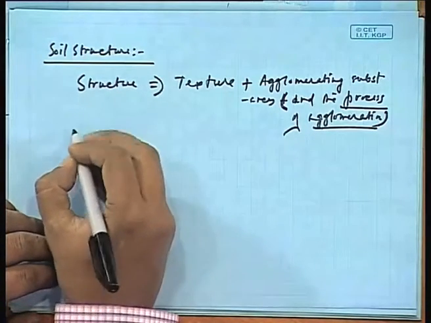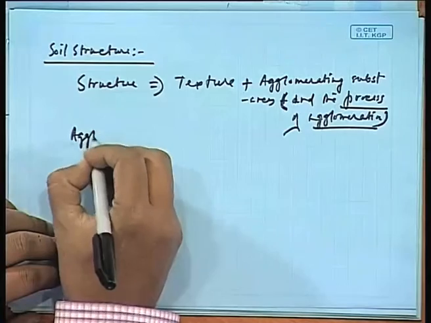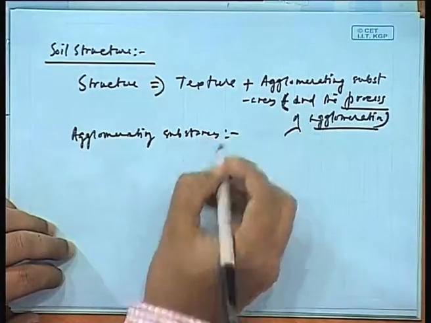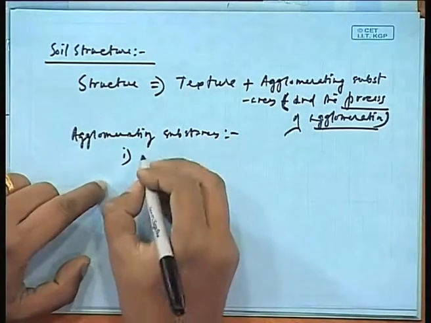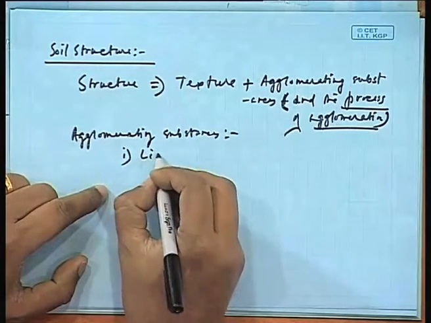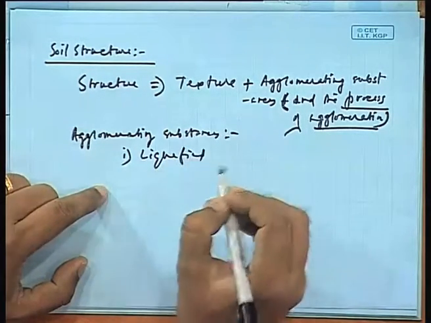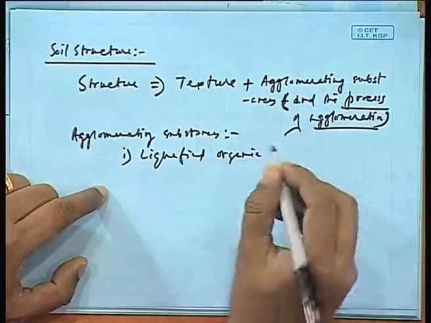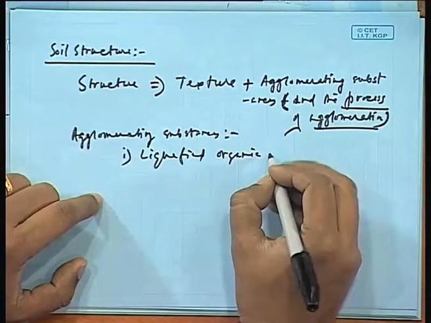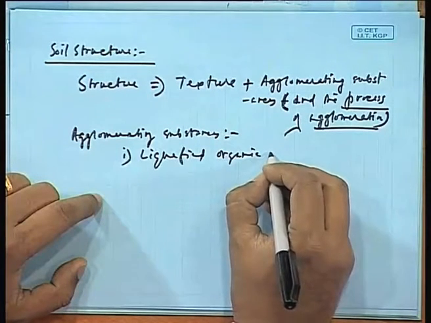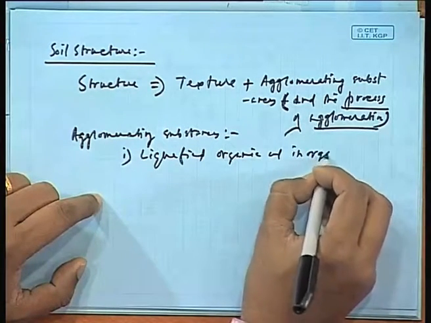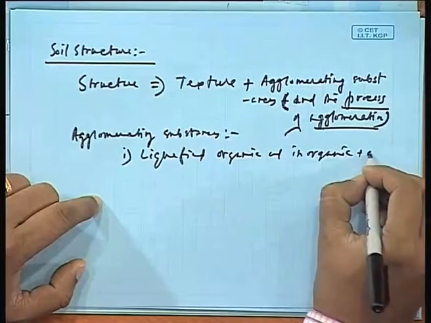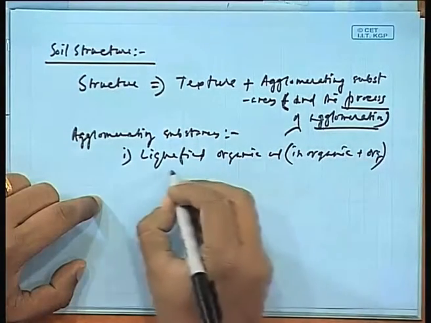These agglomerating substances are mostly liquefied, organic, and inorganic plus organic substances.